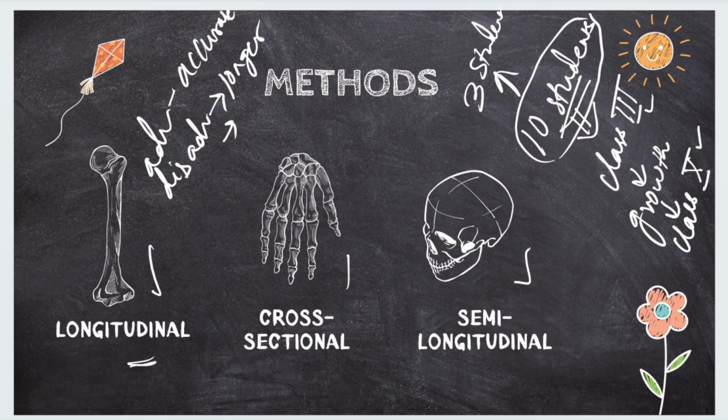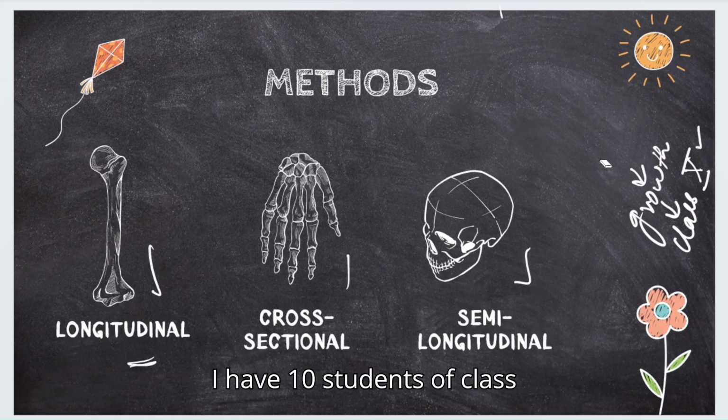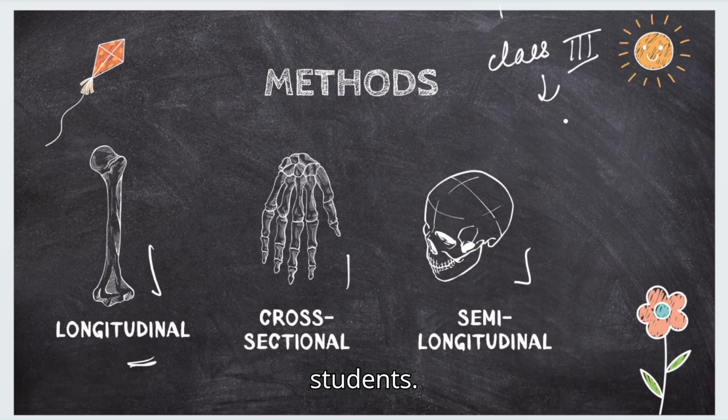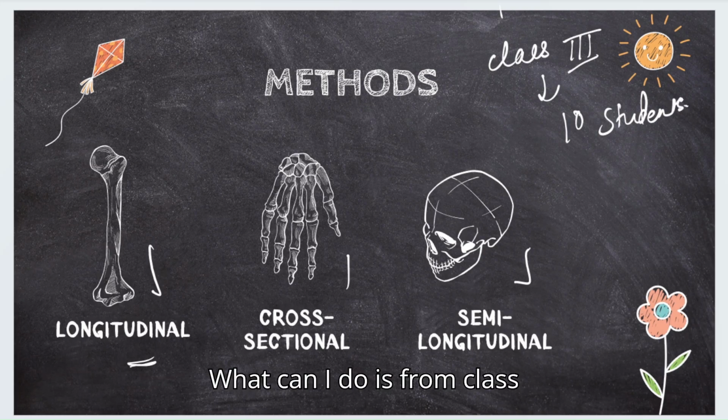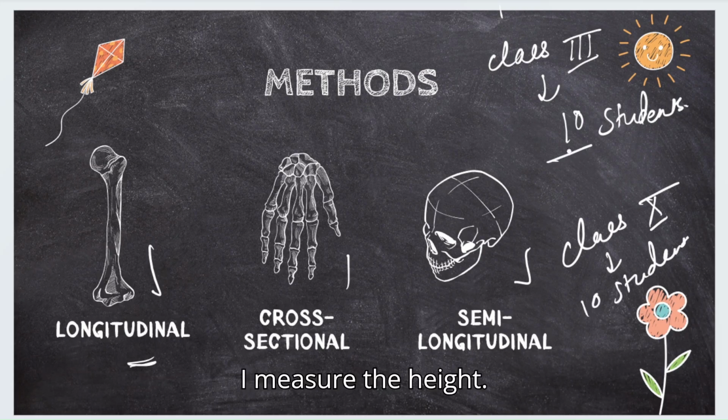Next is cross-sectional. I have 10 students of class 3. What I can do is select 10 students from class 3 and 10 students from class 10th.